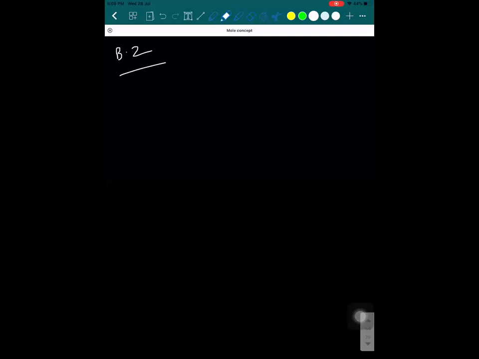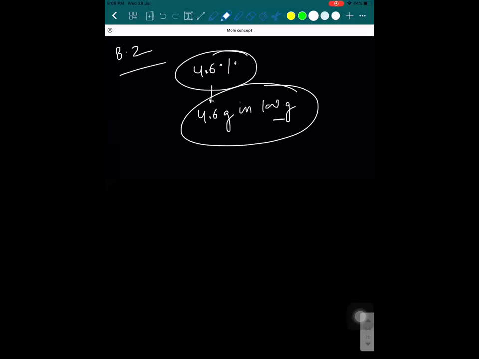Let's say 4.6% means 4.6 gram in 100 gram, isn't it? So total weight is 100 gram. Yes or no?